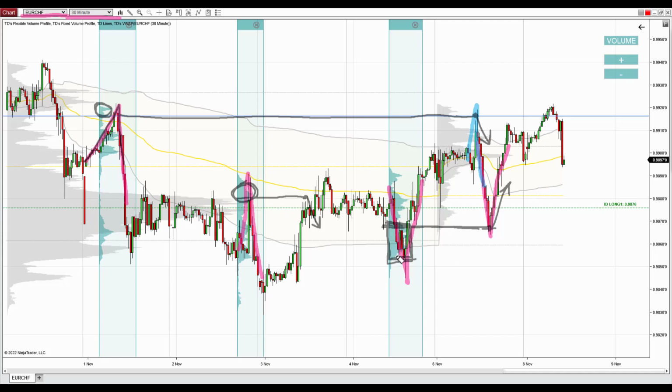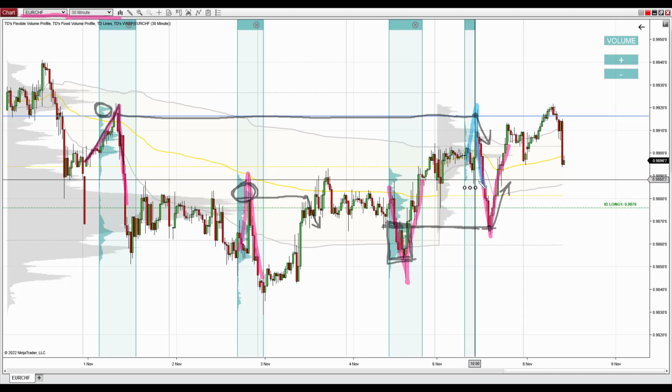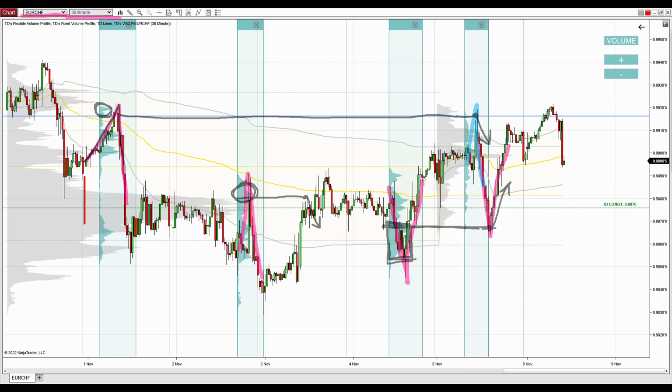Now, moving on to the next rejection, it was this one, the one I marked in blue. It was a reaction to a previous level, but still it was another rejection. In this case, we don't really see any significant volume cluster in this zone. So we don't trade this. As you can see, the price reacted to it in here and also in here.